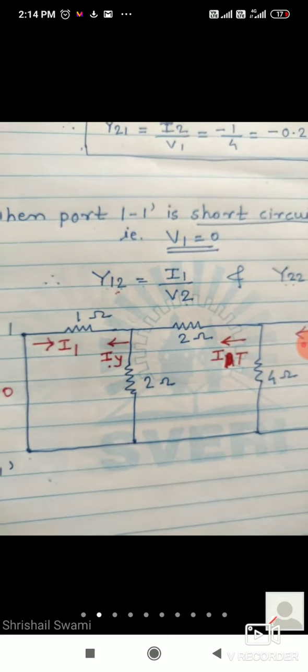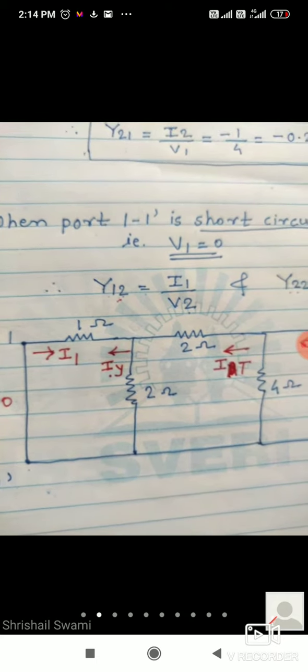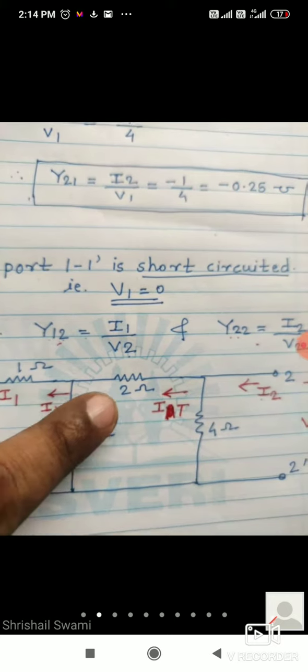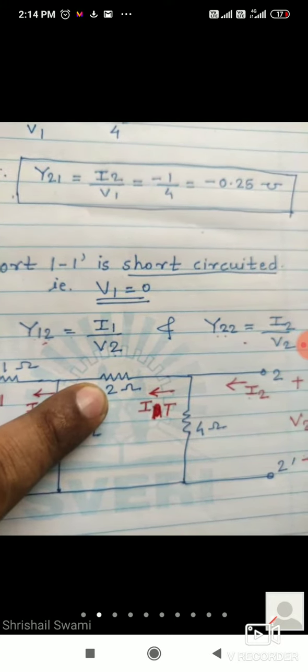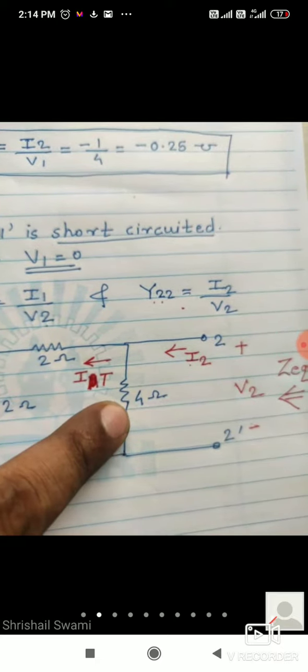How they are connected? 1 and 2. Parallel. Okay. So that is in series with 2. Again, whatever the answer you are getting, that is in parallel with 4. असा answer येणार.